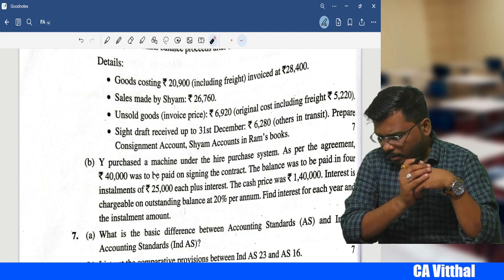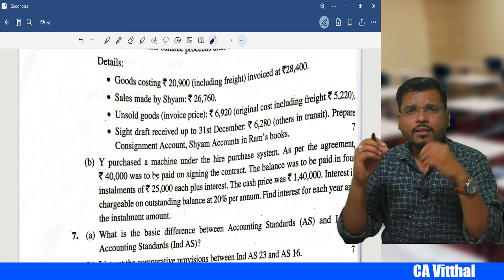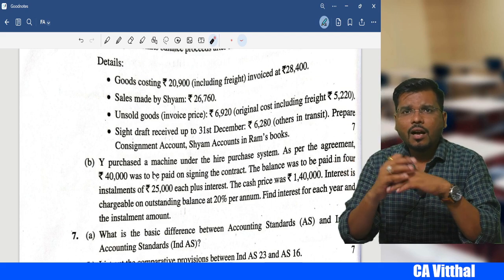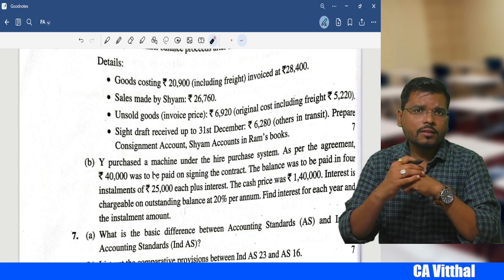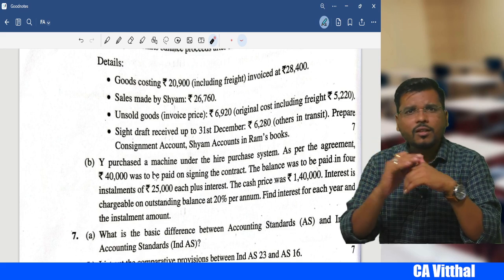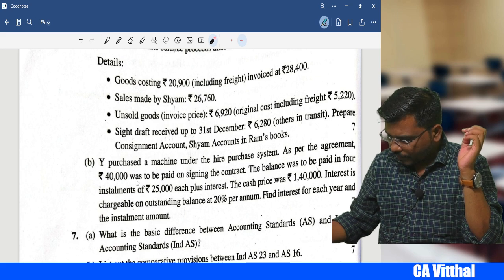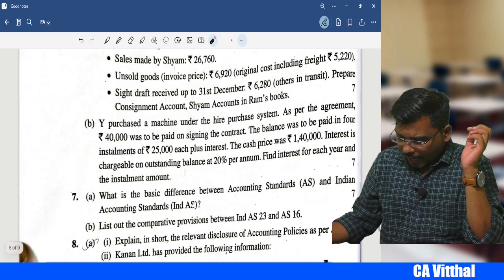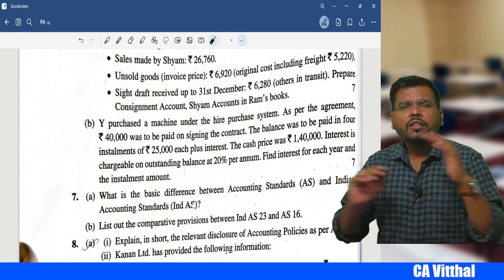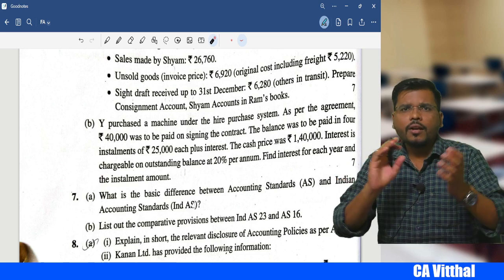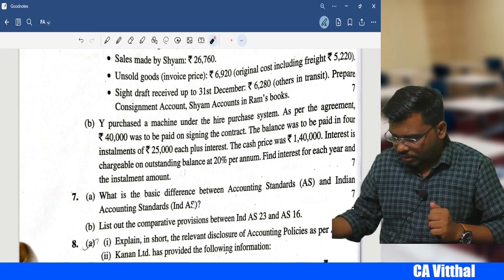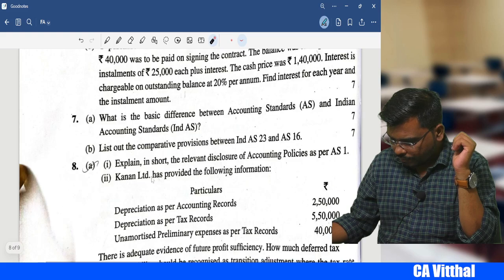As compared to the earlier attempt, this time they have asked a very beautiful consignment, which was a little bit difficult for students, right? That I can understand. Hire purchase, this B was very easy. A similar sum I have given you in the most important questions. You can check, very easy question.